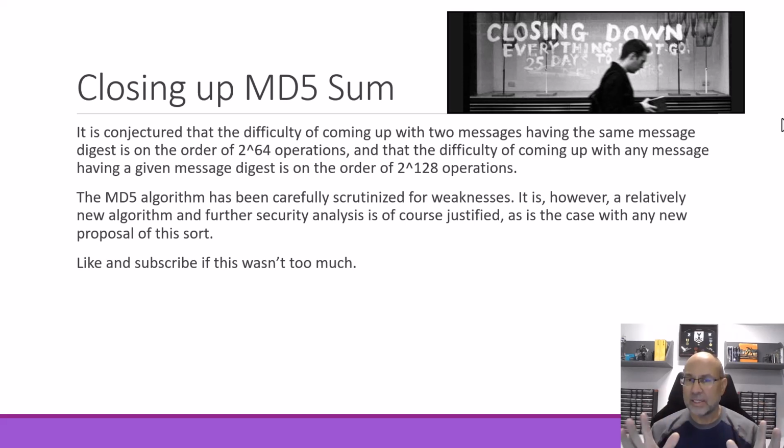Now this is in 1992, okay, but you have 2 to the 64th power messages that you'd have to go through before you wound up with the same message digest. All right. Now, given that you had a message digest, what's the difficulty that you would have in working backwards and figuring out what it was? And that's on the order of 2 to the 128th power.